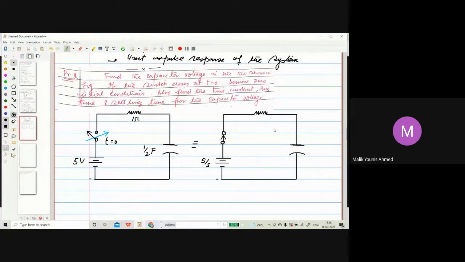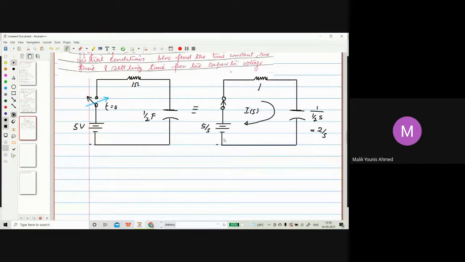Let's say the current flowing in the loop is I of S, and then 1 by C S will be 1 by 2 S, because the farad value is 1 by 2, so that will be 2 by S. This value comes out to be 2 by S, and 1 ohm will remain as it is. So let's apply KVL to this loop. Very simple.